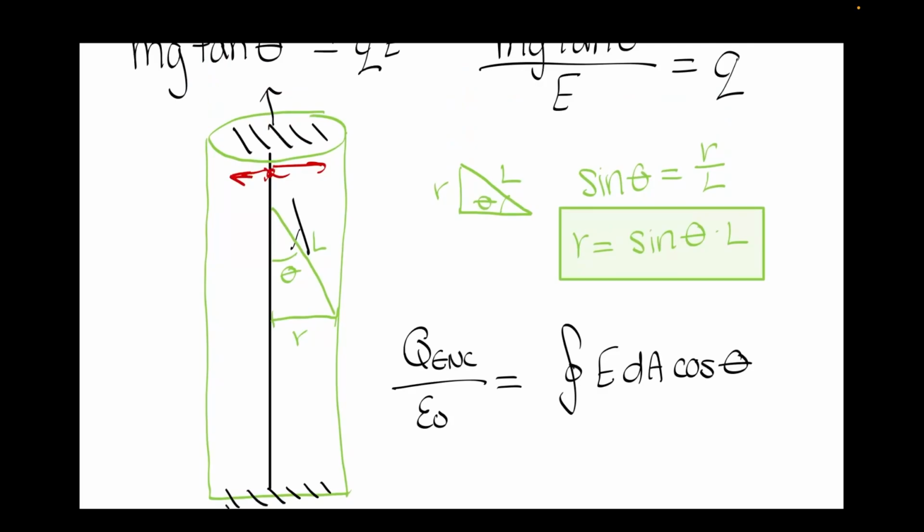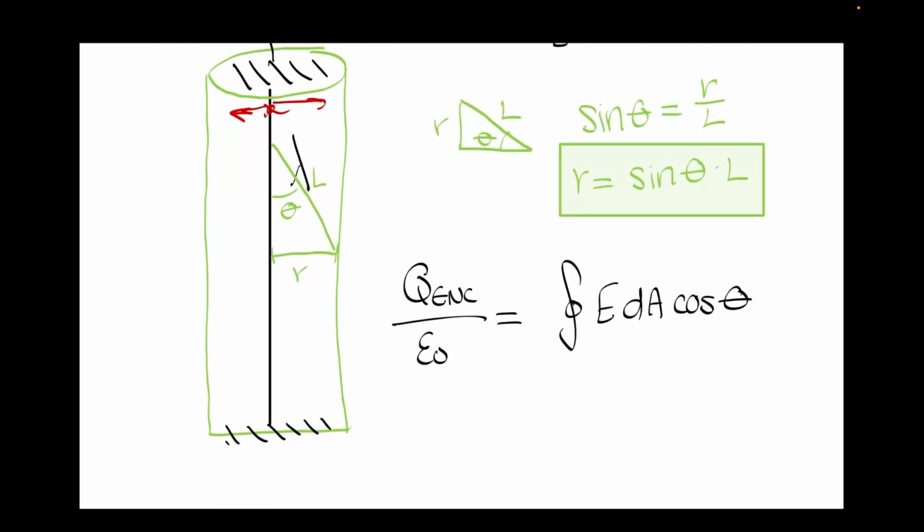Now let's talk about our sleeve. The reason we chose this Gaussian surface is, let's draw our electric fields. So we have it that way, going away, coming towards us, going away from us. X's are into the paper. Circles are towards us. Kind of imagine it that way.